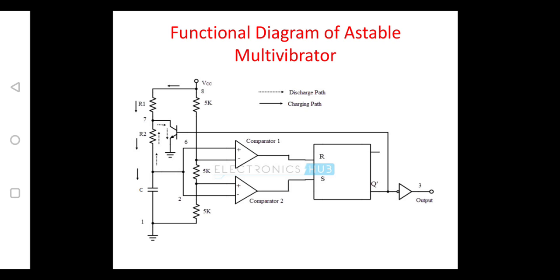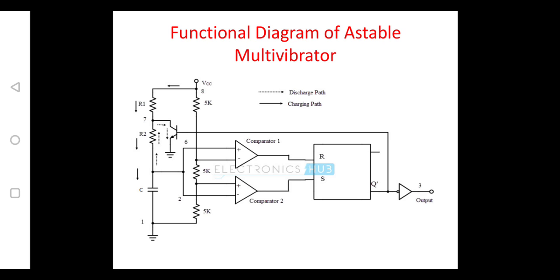If comparator 1 is equivalent to 1, that itself indicates reset is 1. Whatever may be the set value, if reset is 1, output is equivalent to 0, that is Q is equivalent to 0.